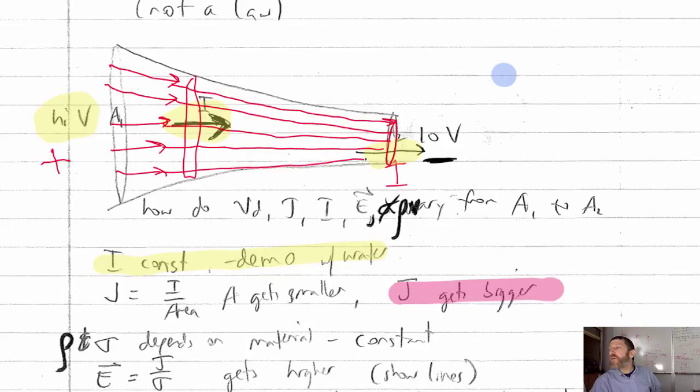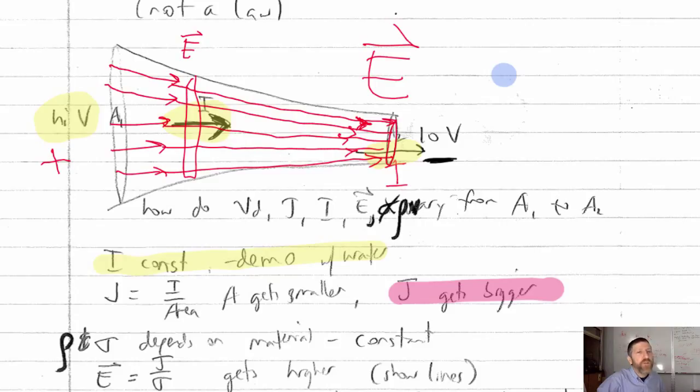So you can see that using this awesome model of the electric field lines, it gets stronger. The E field over here is weaker, the E field over here is stronger. And that's the only way you can get your current density to increase there, with a stronger electric field.